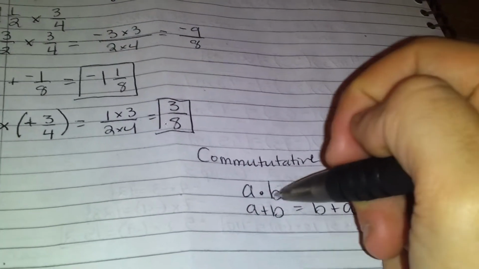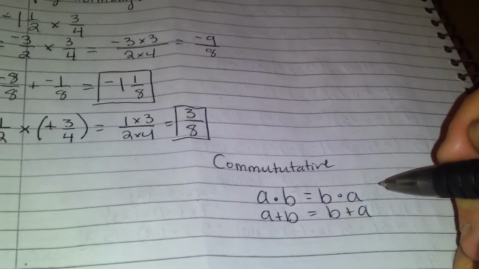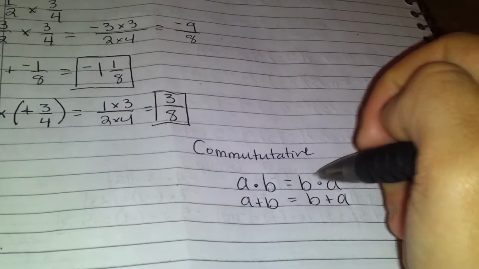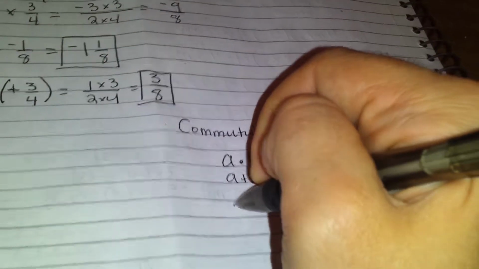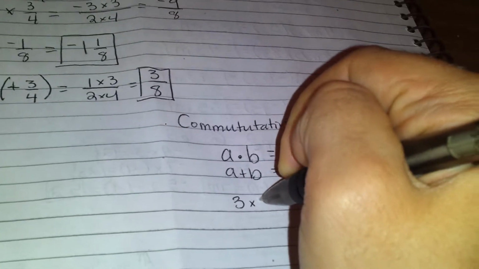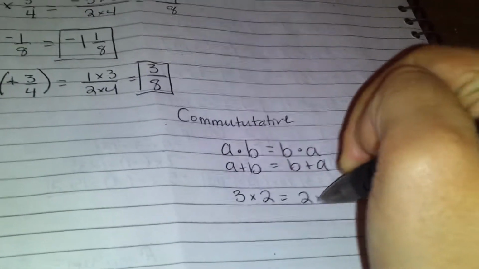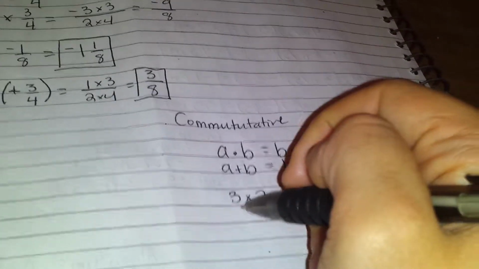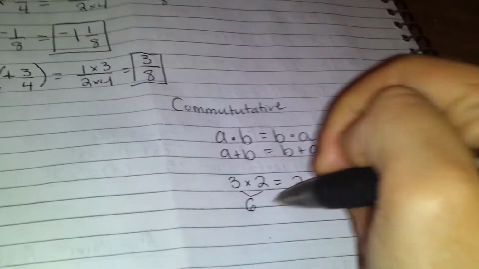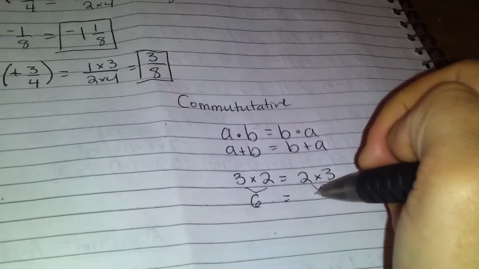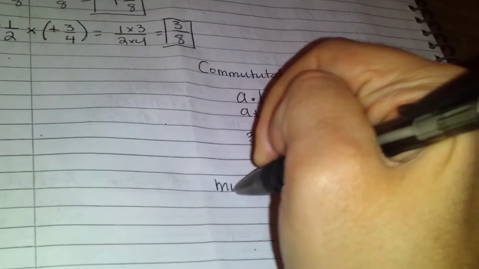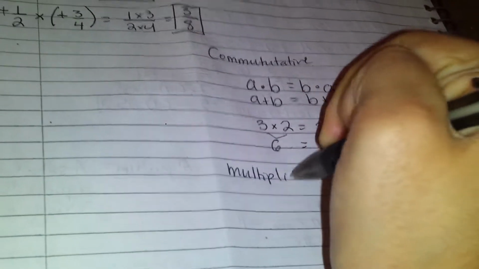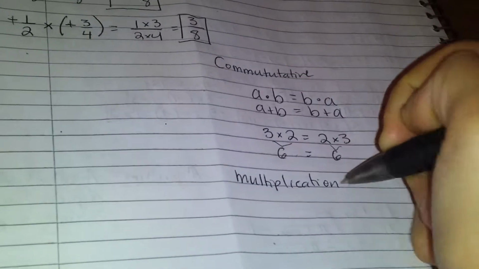If addition and multiplication are commutative, that is. So we know that multiplication should be commutative if 3 times 2 equals 2 times 3. We can check our answers to each one. 3 times 2 is equal to 6. And 2 times 3 is also equal to 6. Therefore, multiplication is commutative.